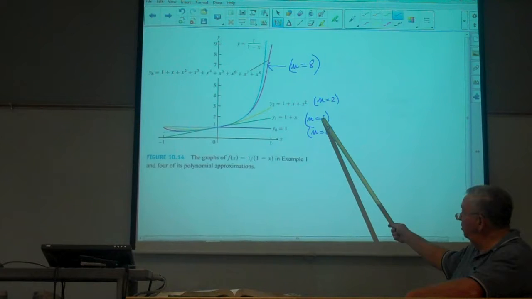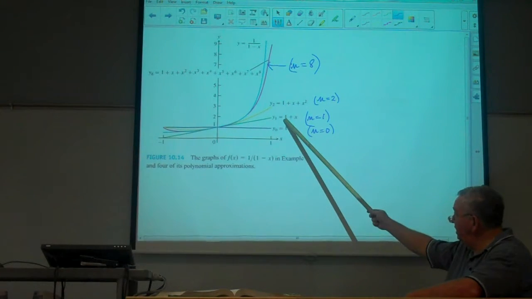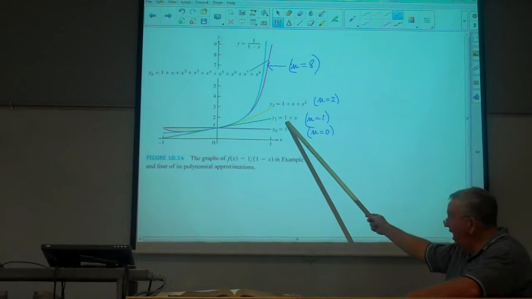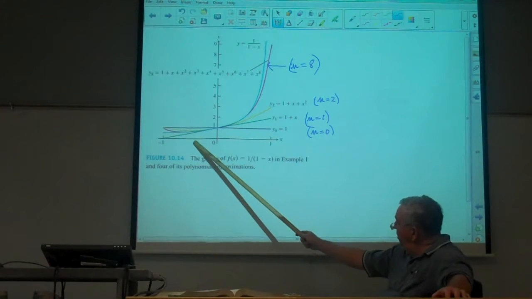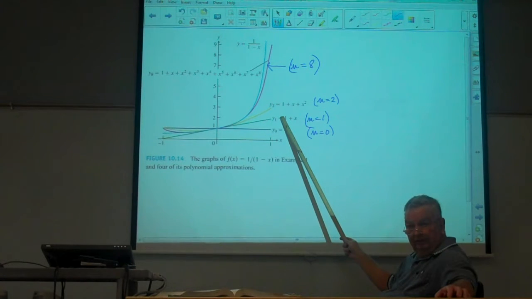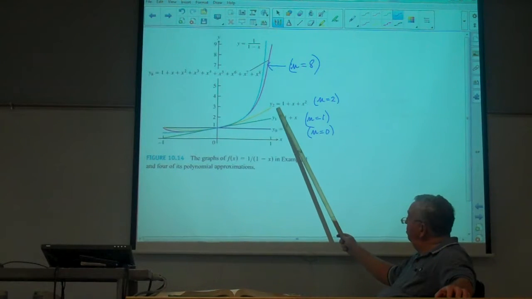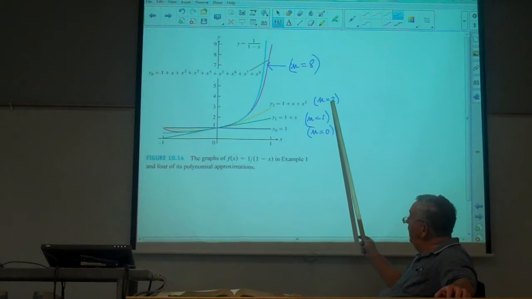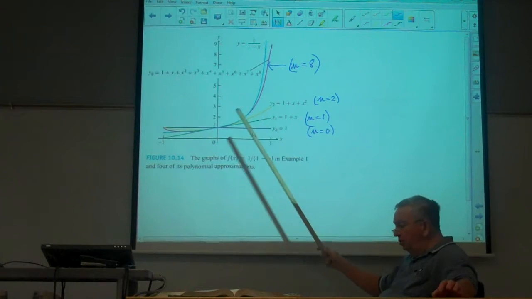After two terms, that series becomes this, and it is a little bit better line to approximate it. Do you agree? After three terms, it becomes a parabola, doesn't it? And it becomes a little bit better approximation.